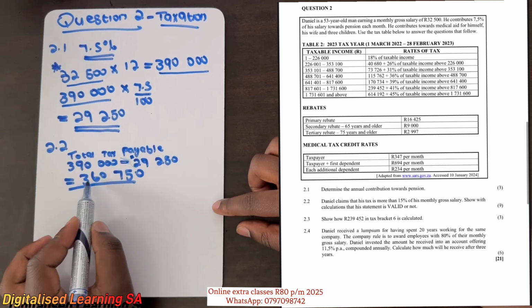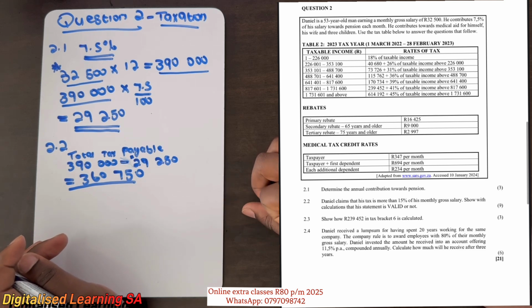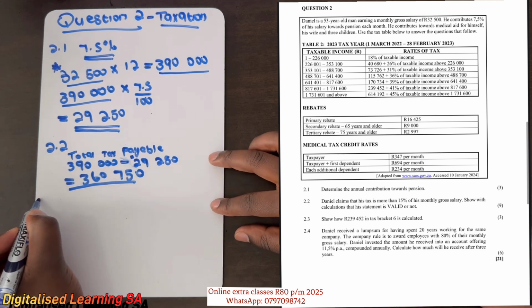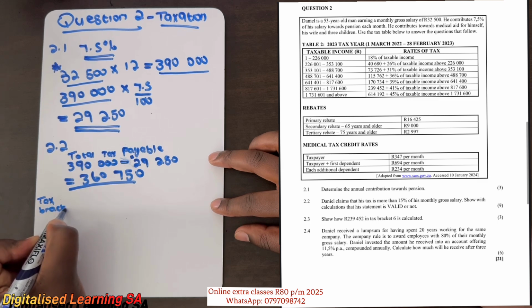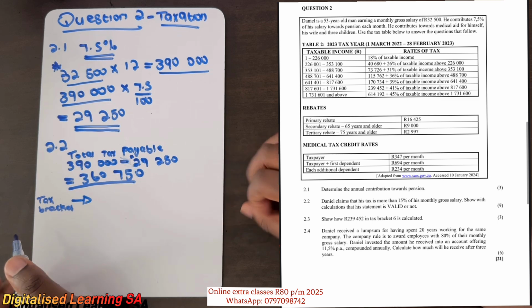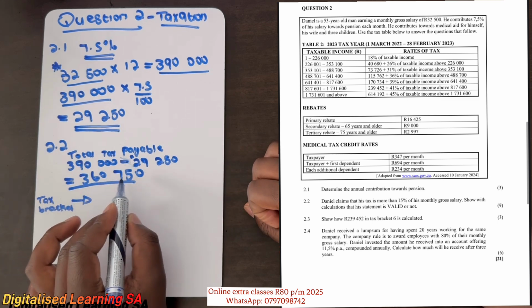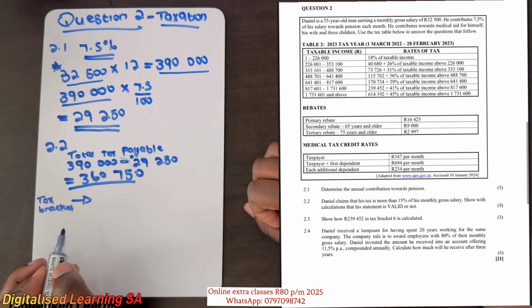After finding the 360,750, we then need to determine his tax bracket. If we look at our first table, we need to find where this 360,750 fits in.